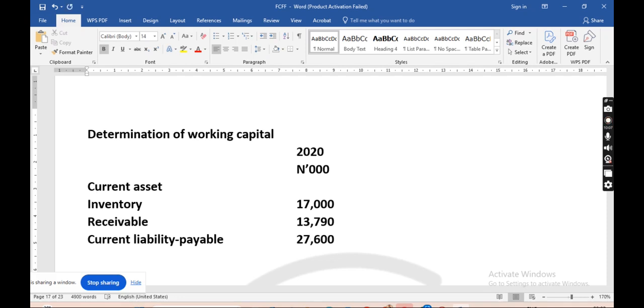So when you subtract your current assets minus your current liability, what do you have? Working capital. 3,190. Right? So this is 3,190.